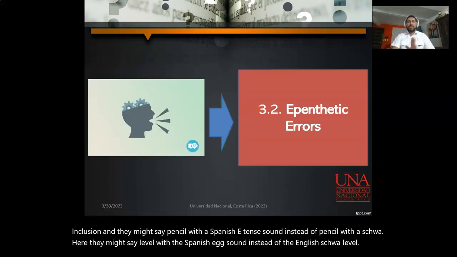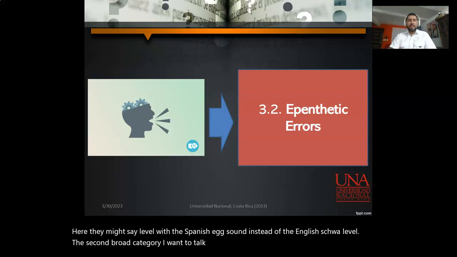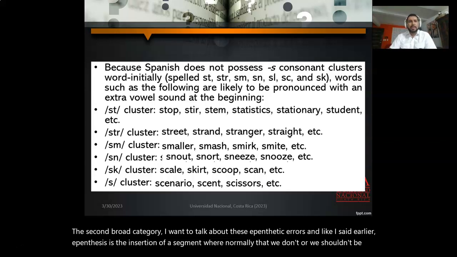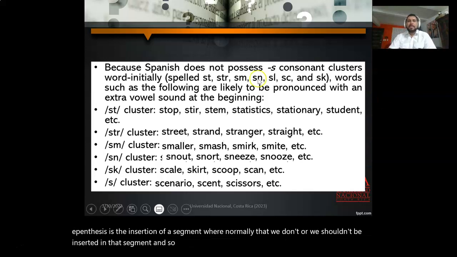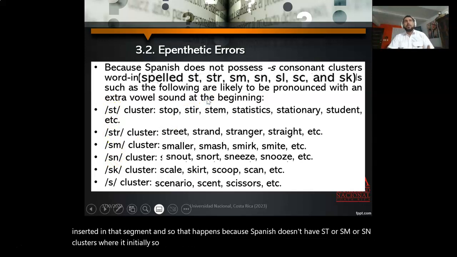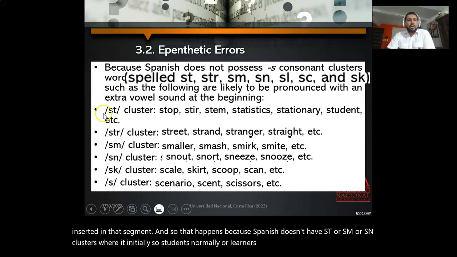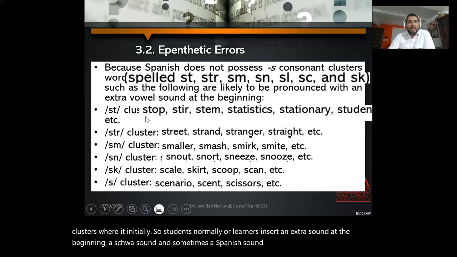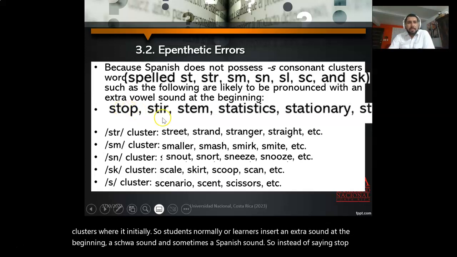The second broad category I want to talk about is epenthetic errors, and like I said earlier, epenthesis is the insertion of a segment where we shouldn't be inserting that segment. That happens because Spanish doesn't have ST or SM or SN clusters word initially, so learners insert an extra sound at the beginning, a schwa sound, and sometimes a Spanish e sound. So instead of saying stop, they say stop.